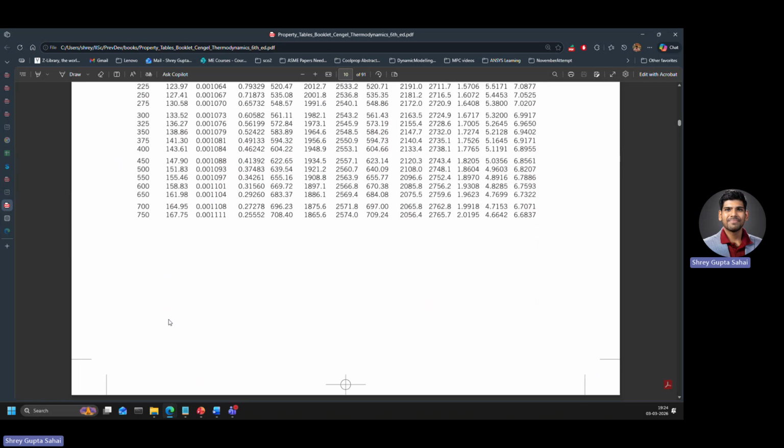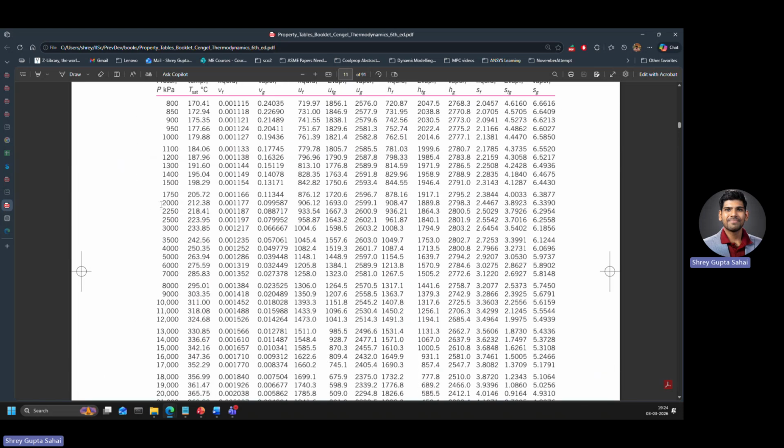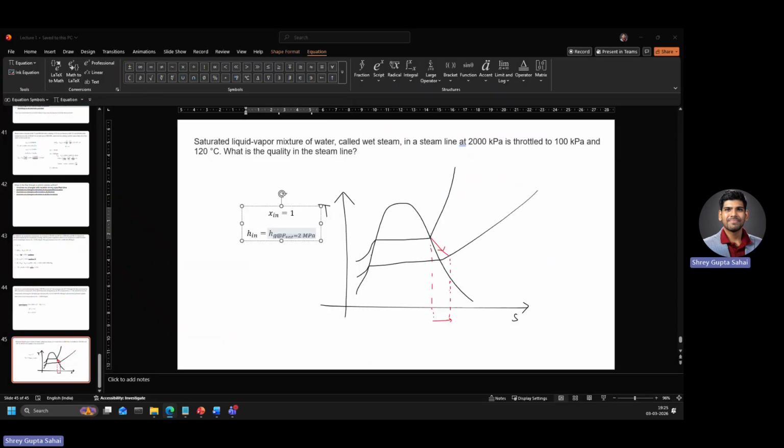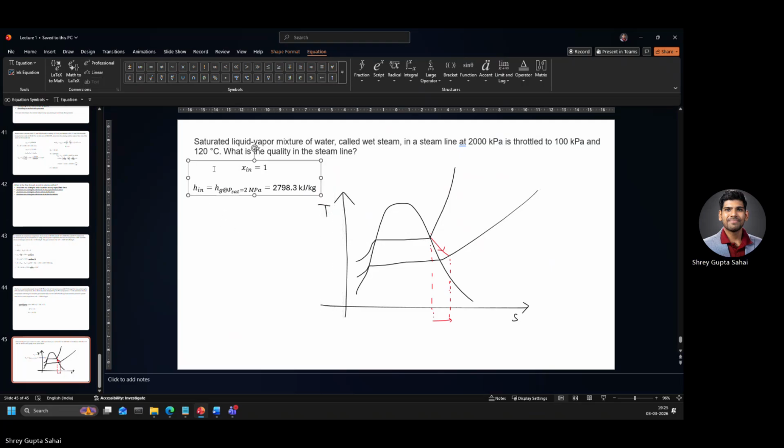Go for 2000 kilopascals. This one. Now here, what you need is Hg. That's it. Hg is 2798.3 kilojoules per kg. Okay. This is your H in and also your H out.